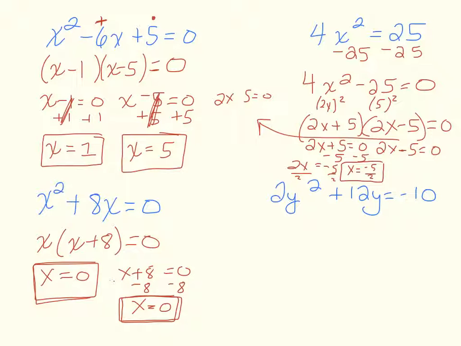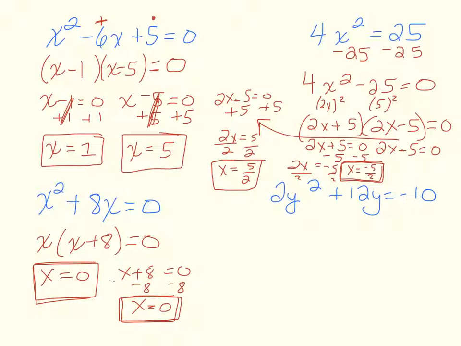I got it right up here, but I made a mistake when I wrote it down below. Okay, so I'm going to add 5 then to both sides. So 2x equals 5, and if I divide by 2, x in this case is going to be equal to 5 halves. So x equals 5 halves, x equals negative 5 halves.